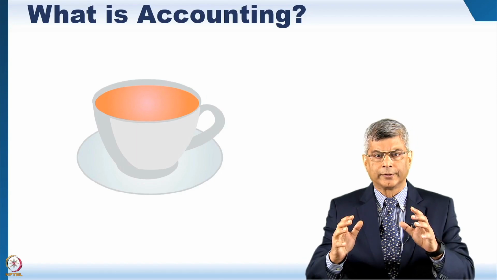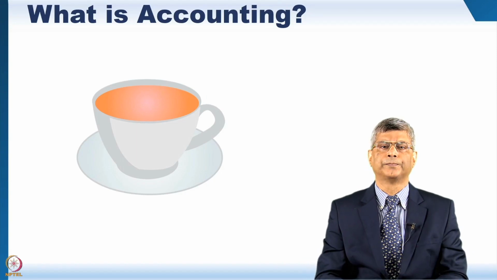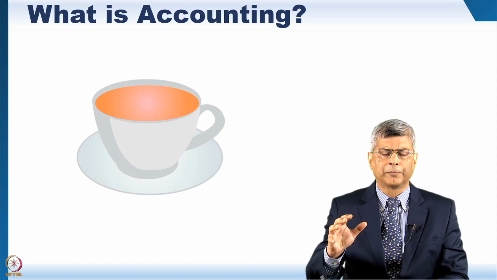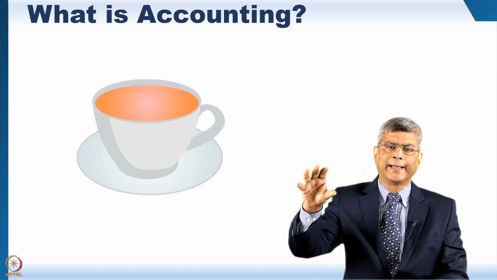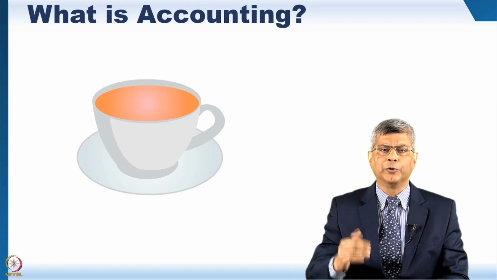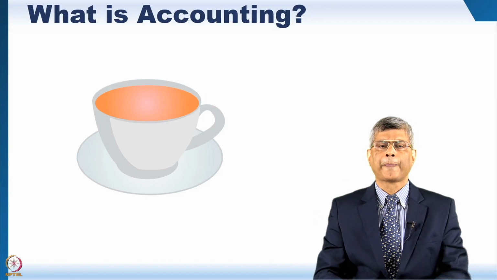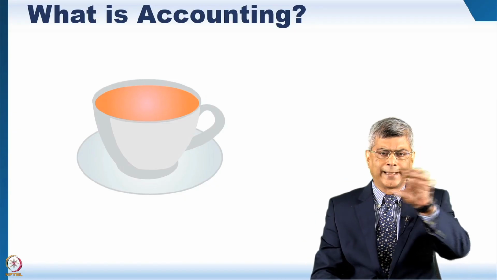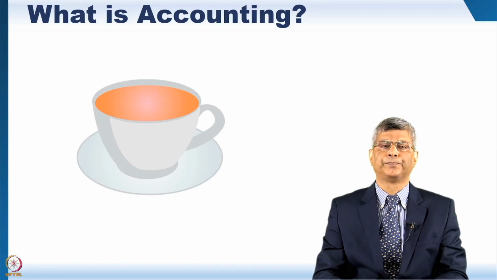So my cost is 80 rupees. My profit is 100 rupee sales minus 80 rupee cost, which is 20 rupees. So I've talked about sales, cost, profit.